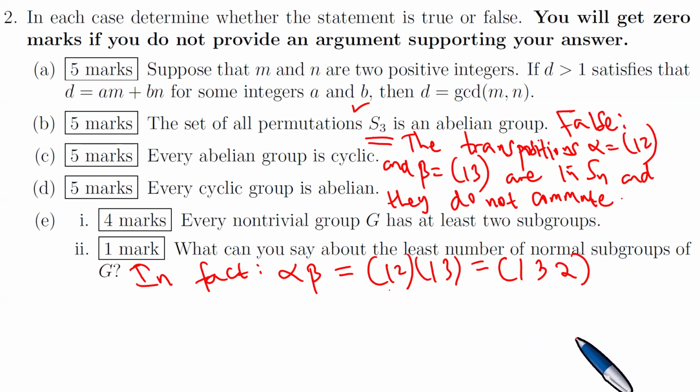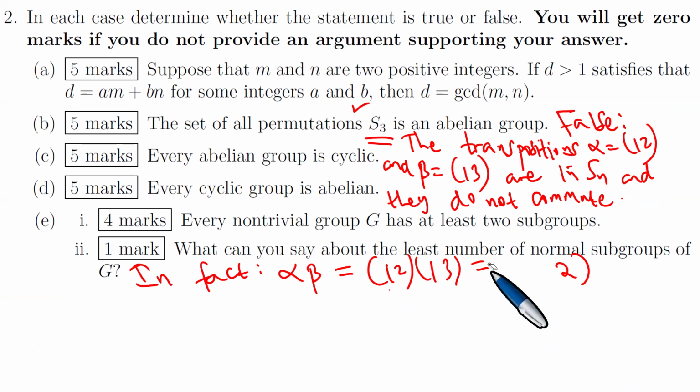I want us to discuss this a little bit more at length. We know that if you have beta alpha, what is beta? (1 3). We shall discuss these permutations in the cycle, and we need to elaborate on these a little bit more.